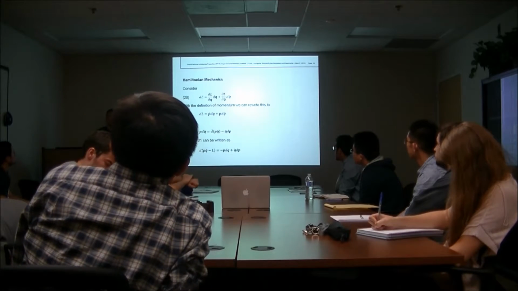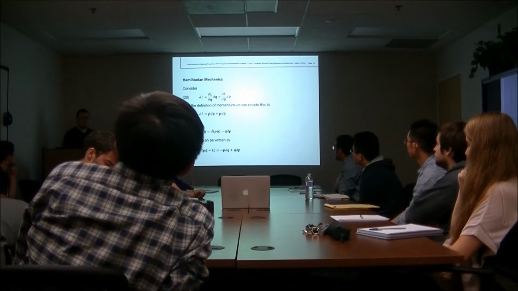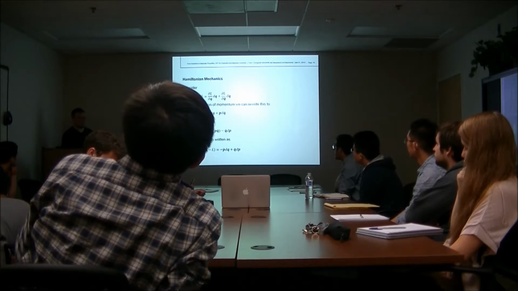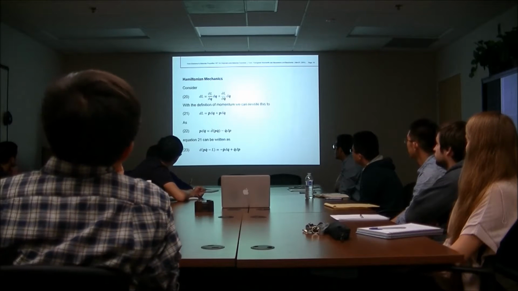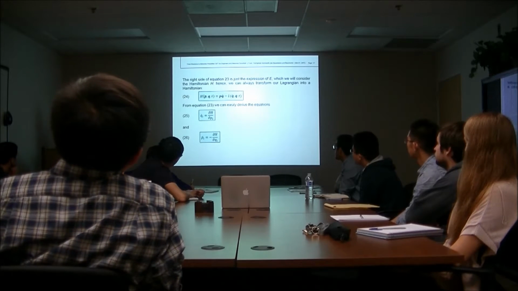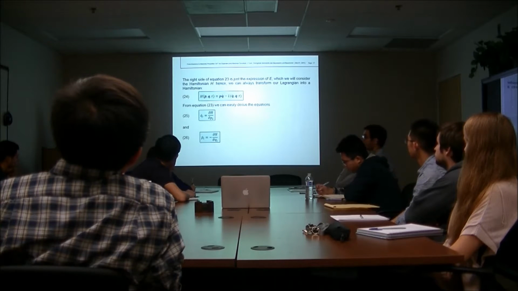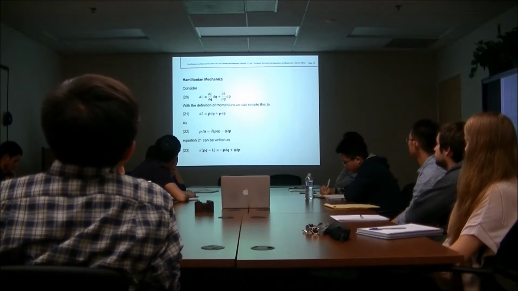So Hamilton just said, I do not want to have this T minus U. I directly want to see my total energy function. And this is a trick. And with this, we can easily transform those. So you can see that this is total energy.